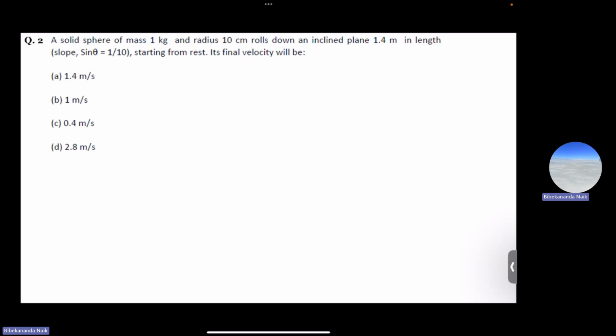So now let's discuss the scenarios. There are two conditions. One is the initial condition, that is at t equal to 0, and another is the final velocity, meaning its velocity while coming down the inclined plane.